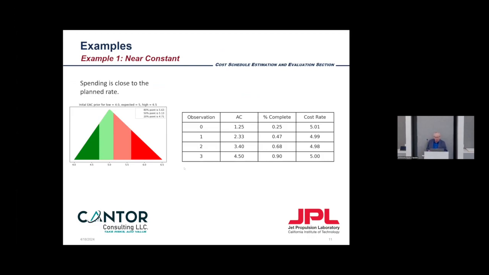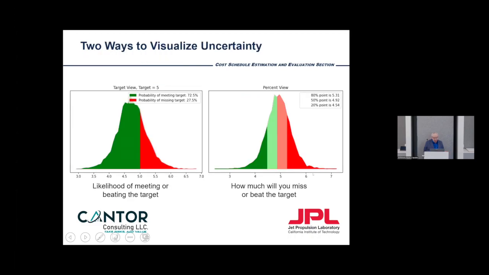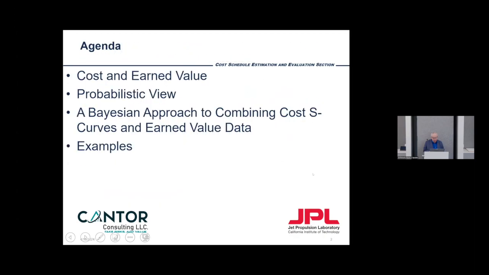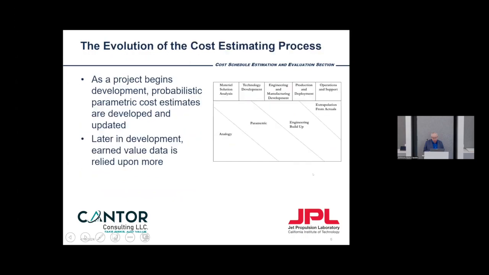The money spent is given, the actual cost is given in the next column, and then the percent complete. You look at the quotients and you see that the cost rate is very close to the expected, the BAC, which was 5. Okay, so what happens when you do that? Again, we showed these two views. Now, where are we? We're going the wrong way.